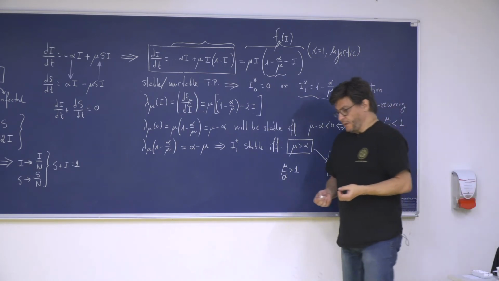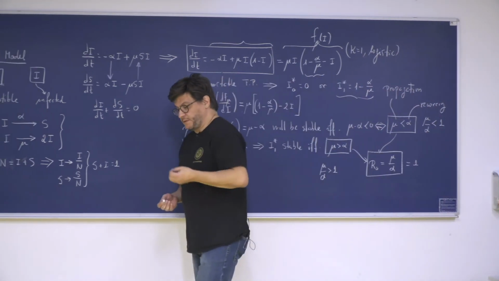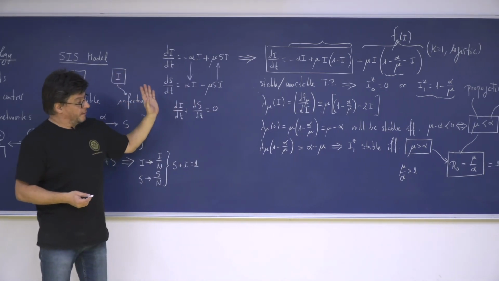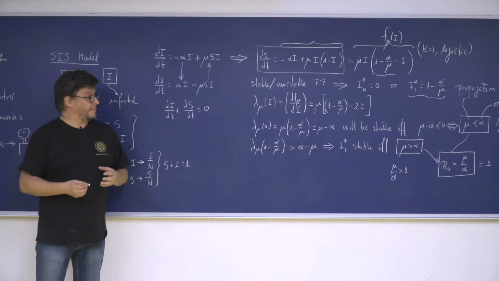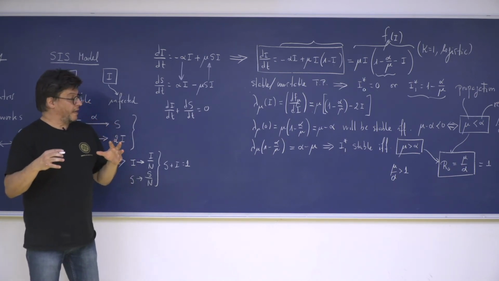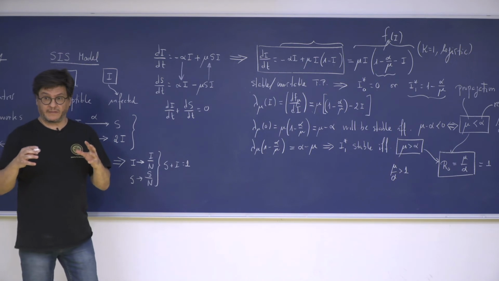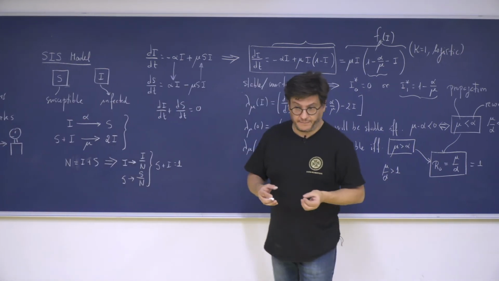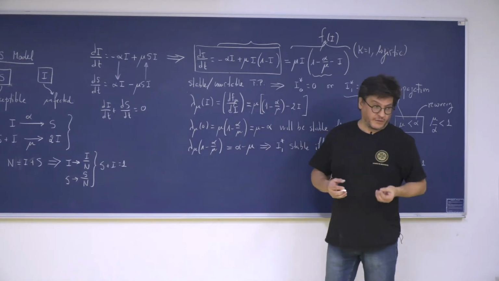Okay, now the thing is, these ideas, stability analysis, the presence of a threshold, can be captured by a single diagram that provides a lot of ideas about complexity in general, and in particular the complexity of epidemic spreading. This is what we call the bifurcation diagram.